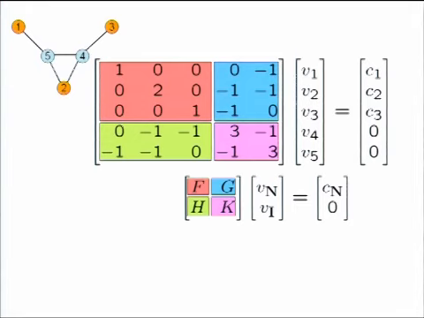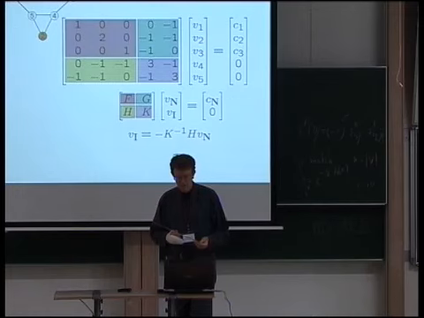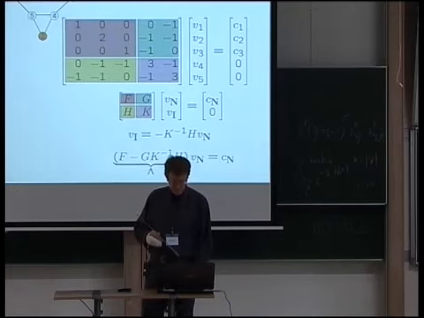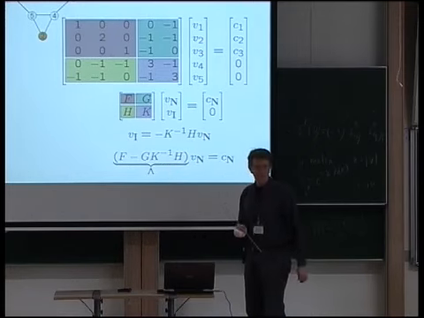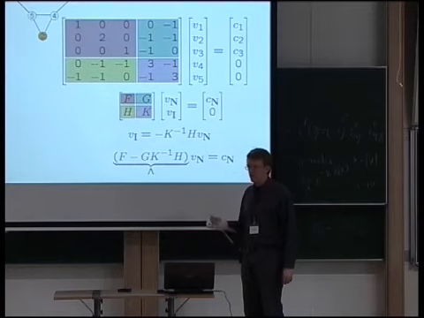So if you start out with the original Kirchhoff matrix and take what's known as the Schur complement, S-C-H-U-R. I don't want to go into great detail about how to compute the Schur complement, but it is algebra and it's not hard.